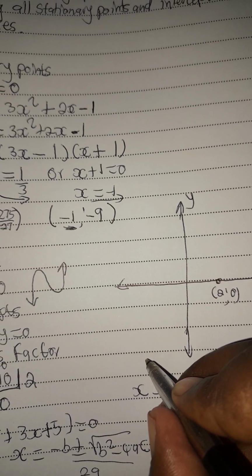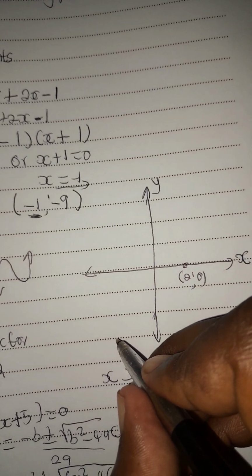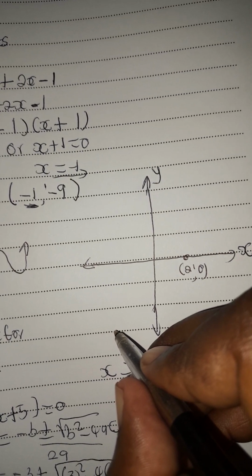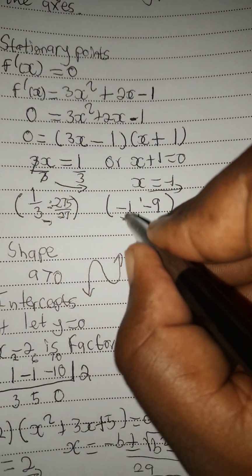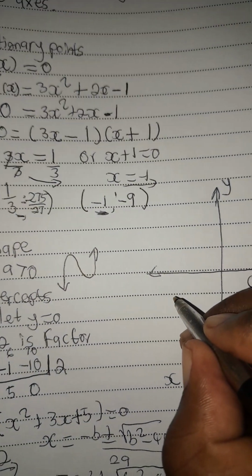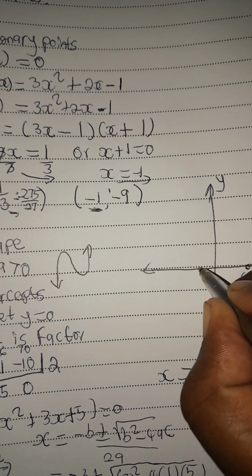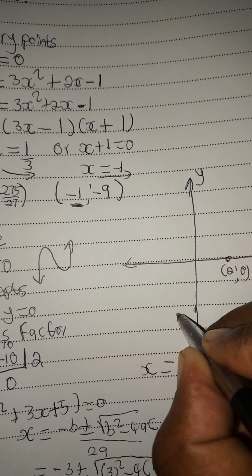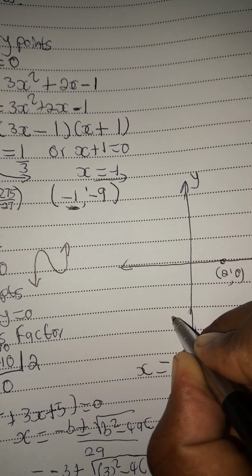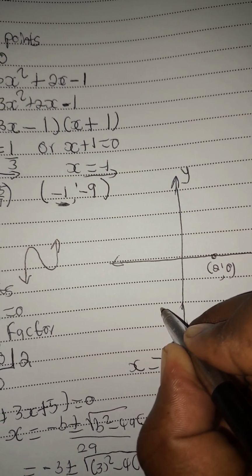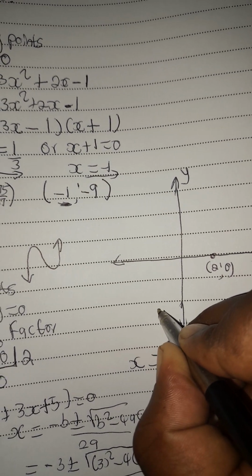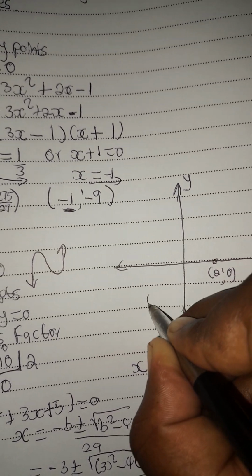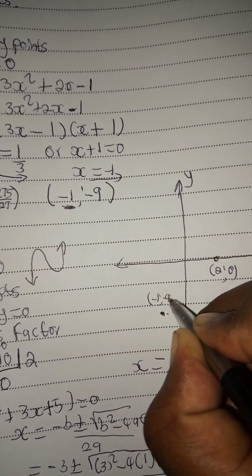So what about our stationary points? Remember, the first stationary point is a local maximum, which is negative 1 and 9. Somewhere here, we are going to have negative 1 and 9.